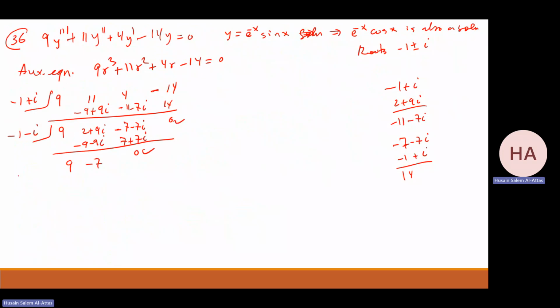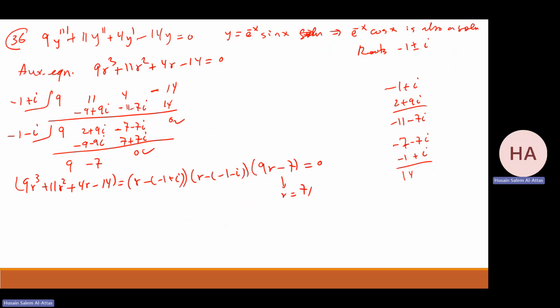So these 9r cubed plus 11r squared plus 4r minus 14 is what? It will be r minus this root times r minus the other root times 9r minus 7 equals 0, which for sure gives me r equals 7 over 9.